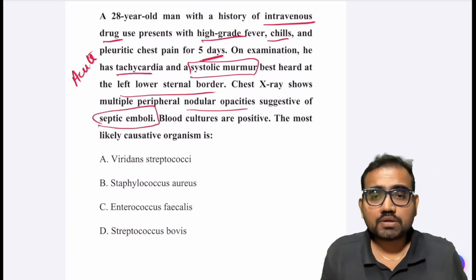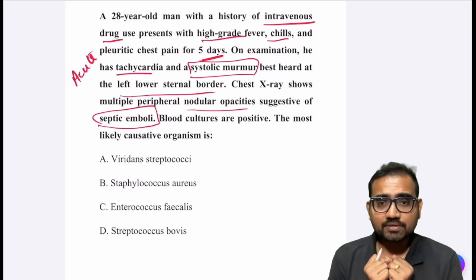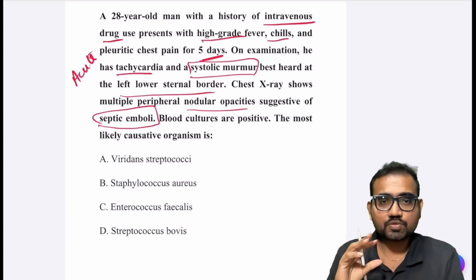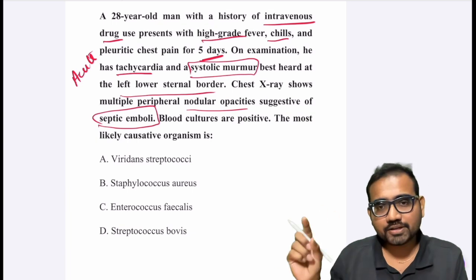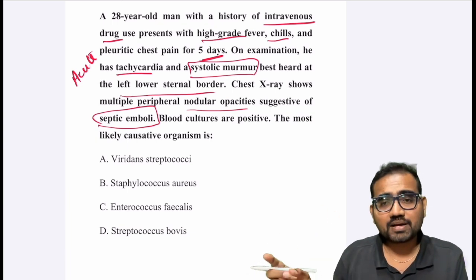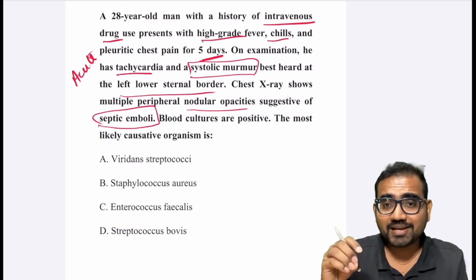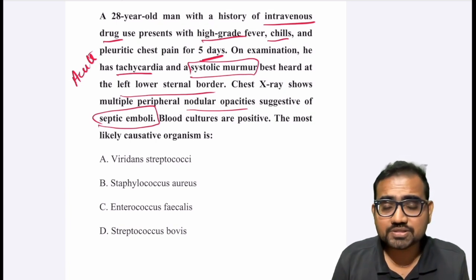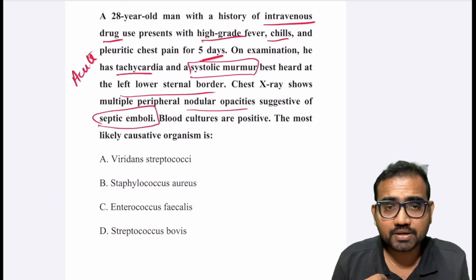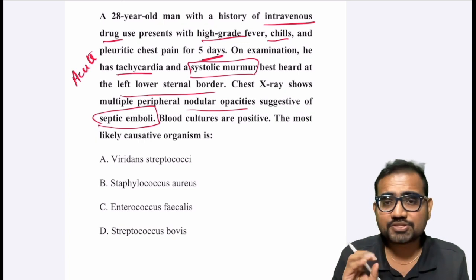A few things I can grasp from this MCQ: the patient has acute infective endocarditis, a history of IV drug abuse, and a systolic murmur at the lower sternal border.